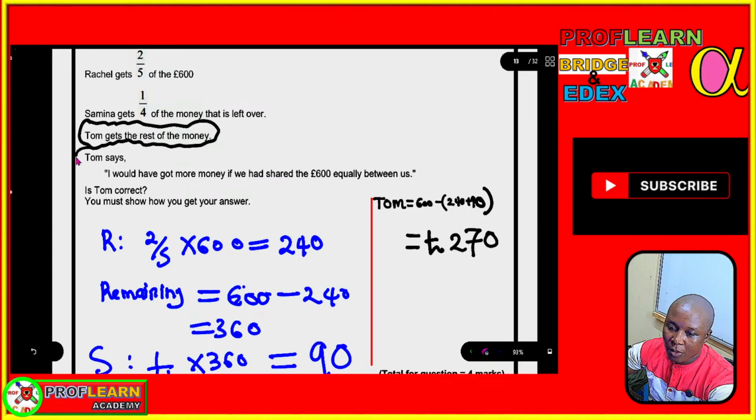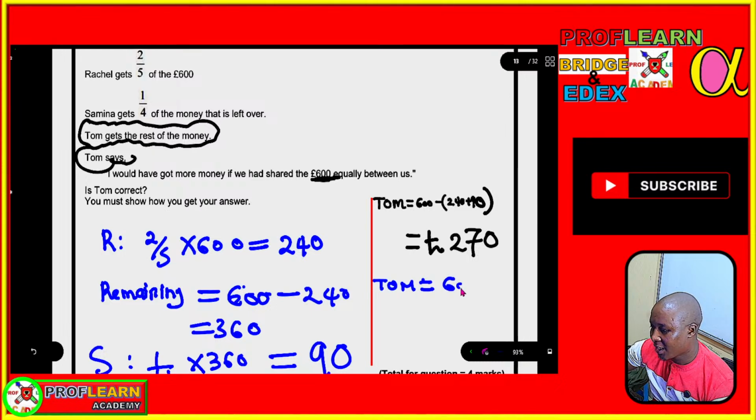Now, Tom says, I would have got more money if we had shared 600 equally. So let's check what Tom could have gotten. If they could have shared equally, Tom could have gotten 600 divided by 3, and that is going to be 200.